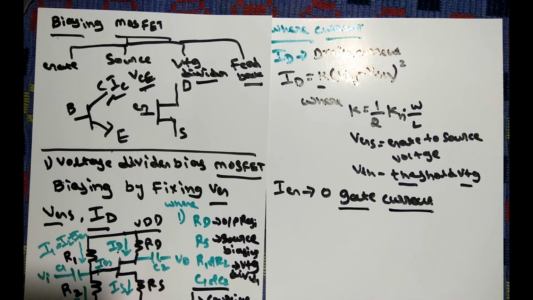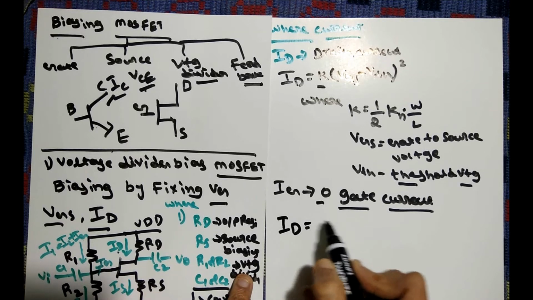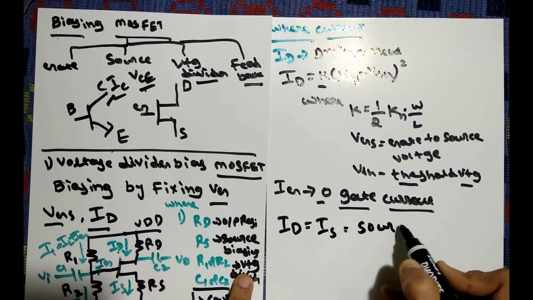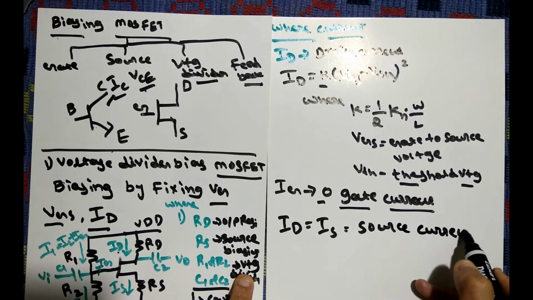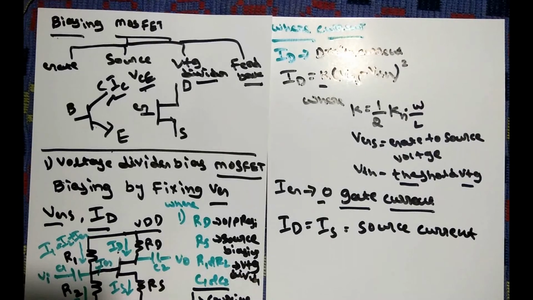So of the three currents, ID, IG and IS, IS is ID plus IG, and IG is theoretically 0, so obviously ID is equal to IS. IS is the source current. So in this MOSFET we have only one current, called ID. There is no other current, since IG is 0 and ID becomes IS. So only one current is flowing.